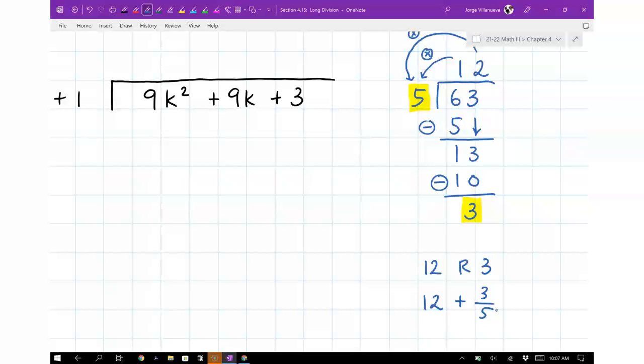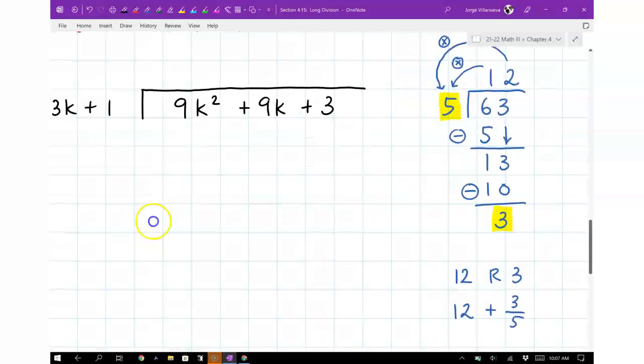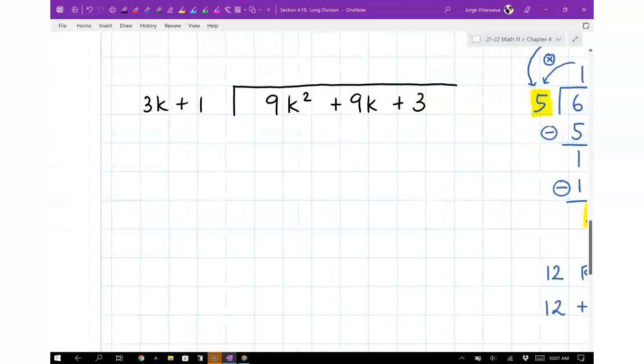Okay? So check this out. You're going to focus on the first. Okay? That's what I usually tell people. Focus on the first terms you see. So 3k and 9k squared. How many times does 3k go into 9k squared?